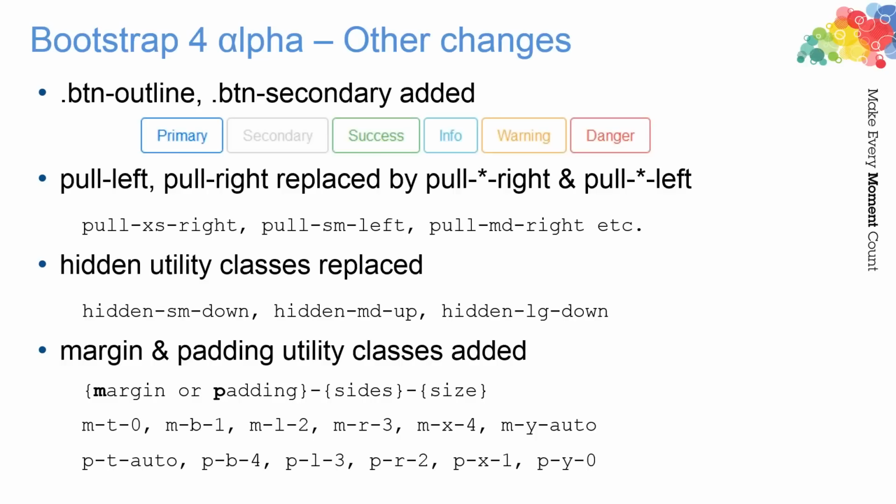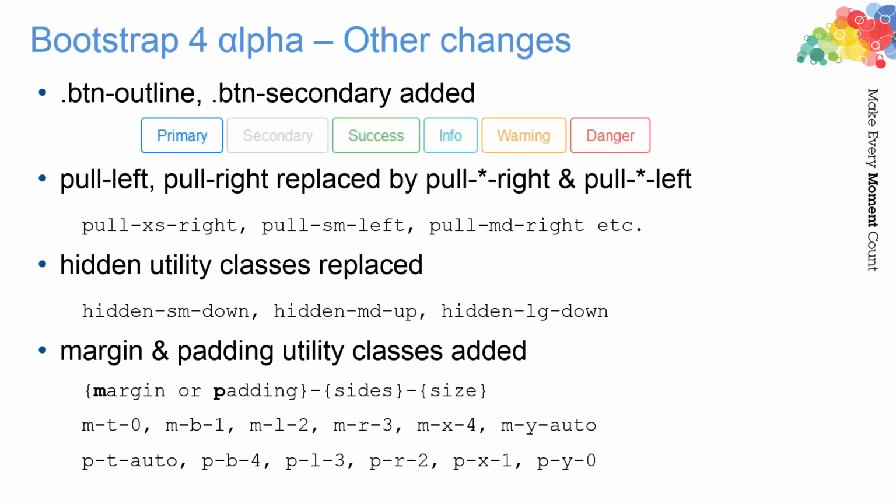If I go through the examples again, mt-0 is a margin applied to the top of 0, so no margin on the top. The sides that you can pick are t for top, b for bottom, l for left, r for right, x for left and right, as in the x-axis, and y for top and bottom, as in the y-axis. Then you can specify a size of 1, 2, 3, 4, or auto to give that margin to your content.